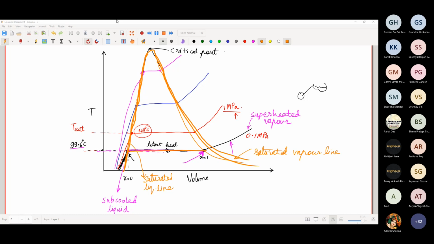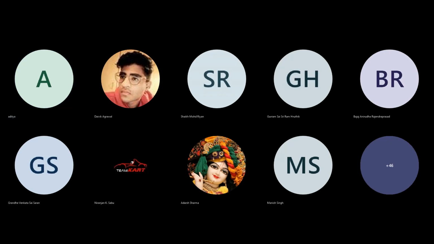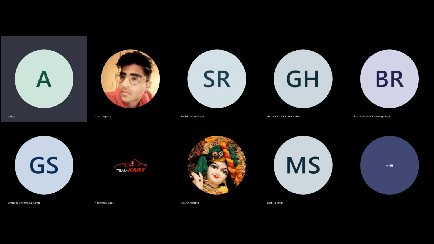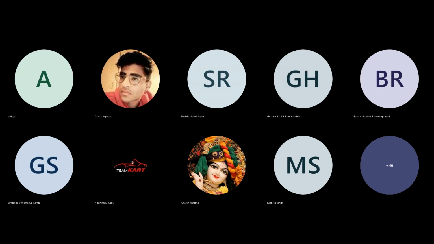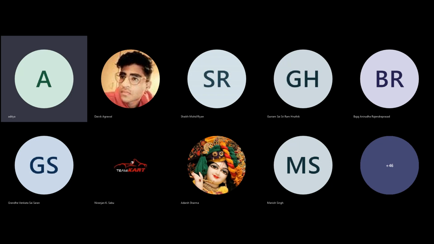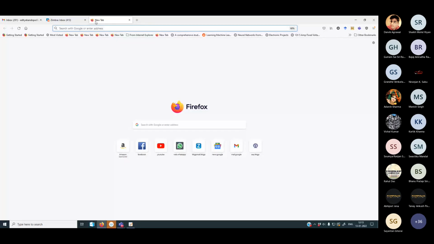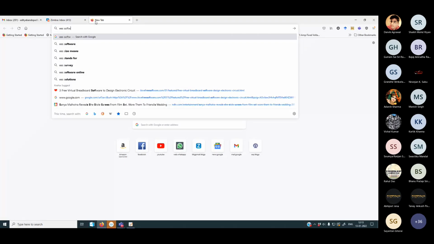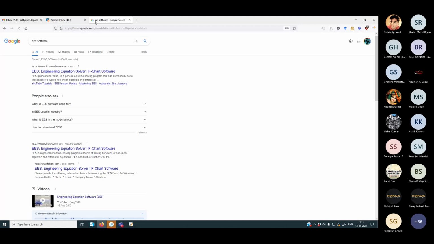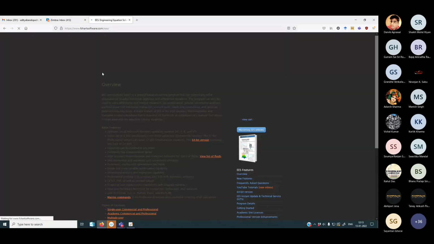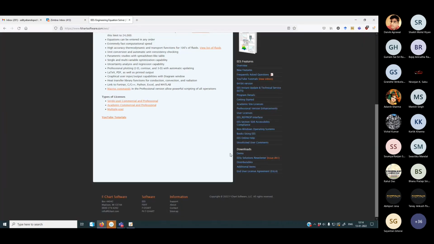Okay. So let me just quickly show you where that version is. Stop sharing. Start sharing. Where do I share my entire screen? Share screen. Just go to EES, F-Chart Software. Inside this, you will have a demo.